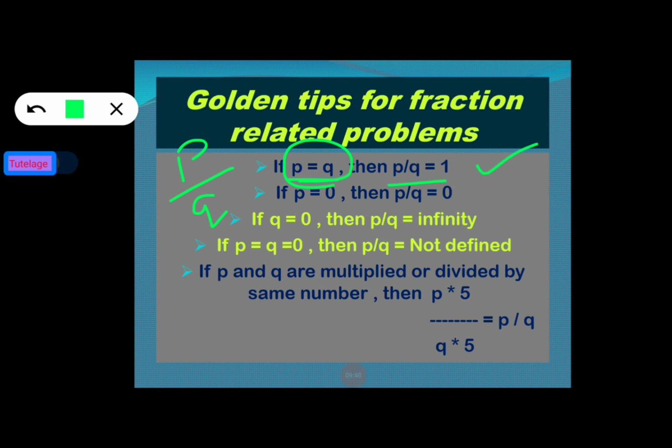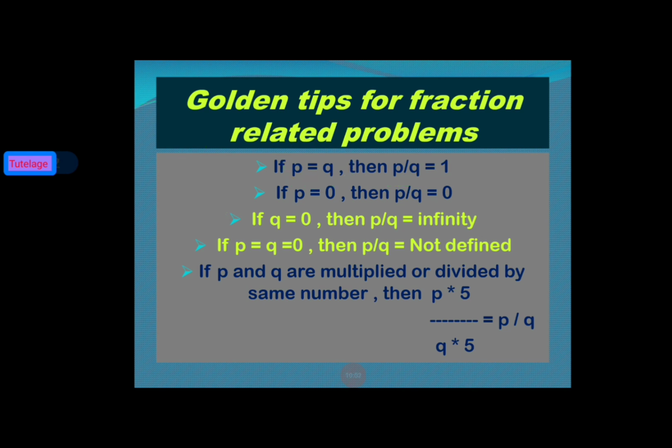Okay. So for example, we can say the value of p is 2, and the value of q is also 2, because p equals q. So p by q means 1. Okay, so I think this is clear.